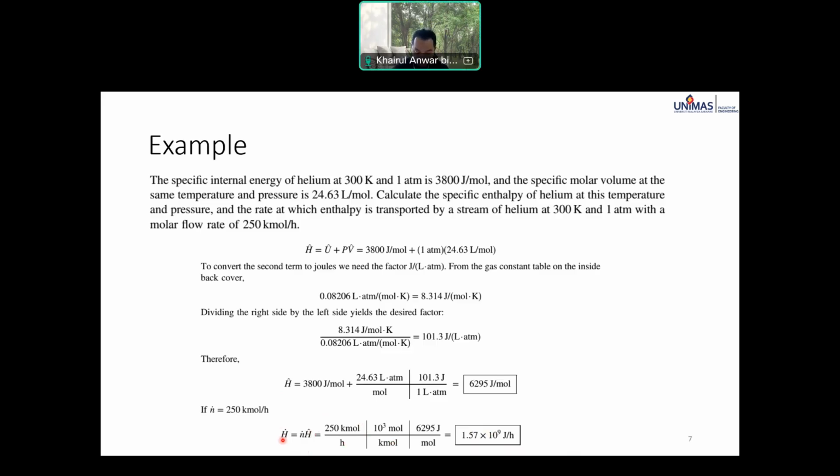H is equal to N, the molar flow rate, multiplied by the specific enthalpy. Then we get the rate of enthalpy in joule per hour.